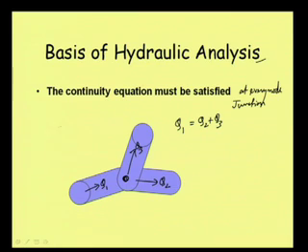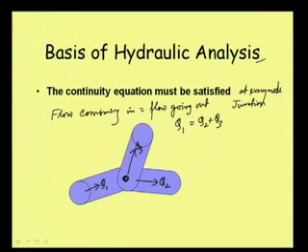That means the flow coming into a junction is equal to the flow going out.